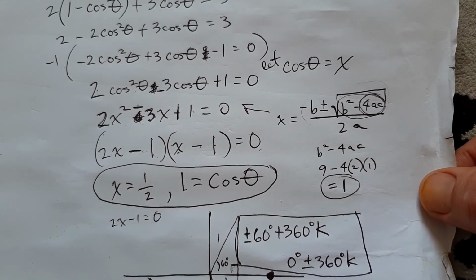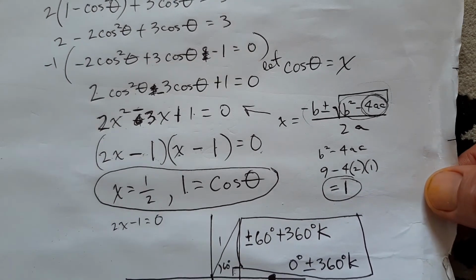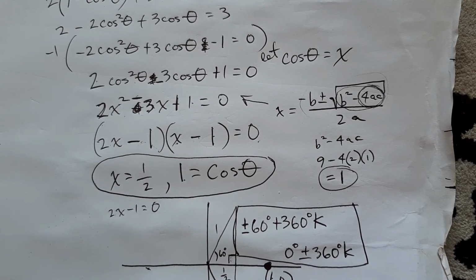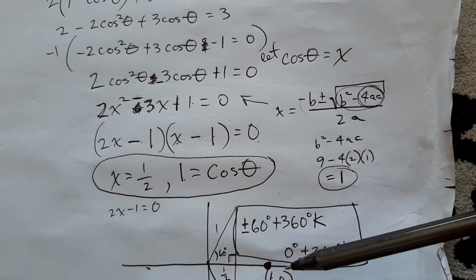And I can't quite get all this on the screen, so I apologize. I'll just leave it sitting right there. But that's all the angles. 60 and minus 60 and 0.